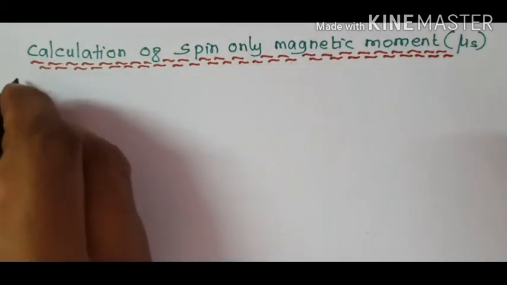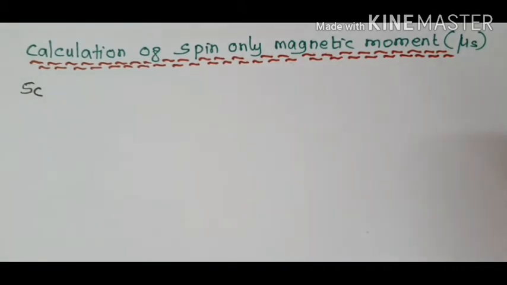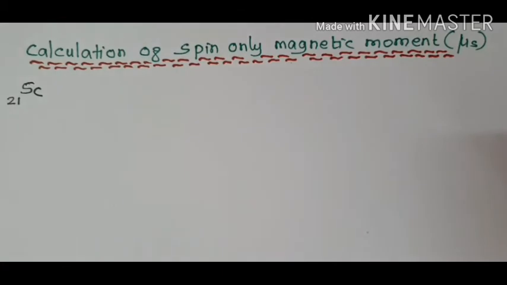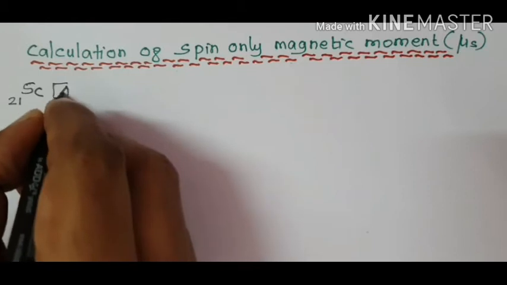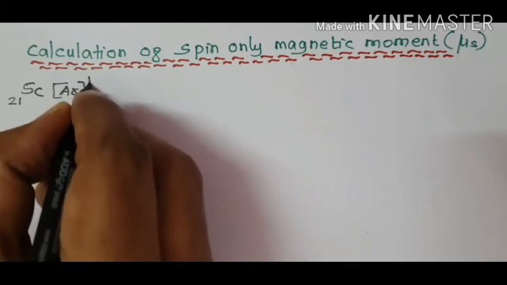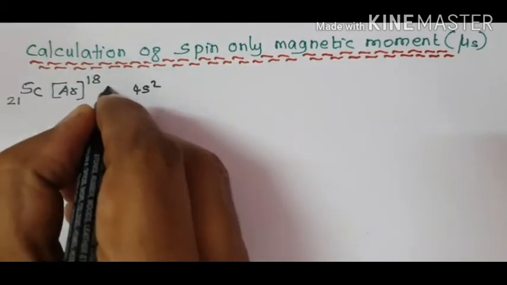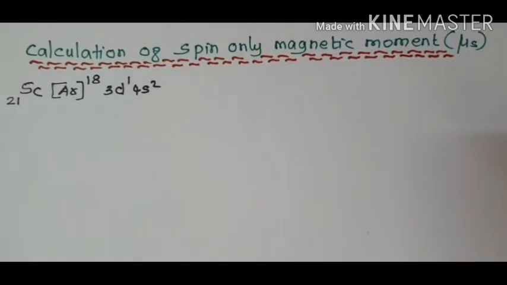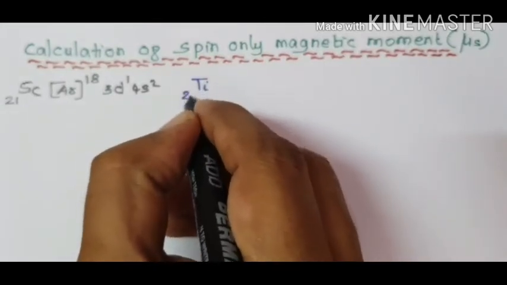The first element in the transition series is scandium, Sc, atomic number 21. Electronic configuration: argon, atomic number 18, 3d1 4s2. The second element, titanium, with atomic number 22.